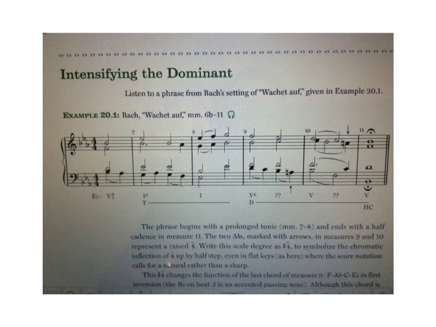Here is example 20.1, and remember we're in the key of E flat. There are the E flats.